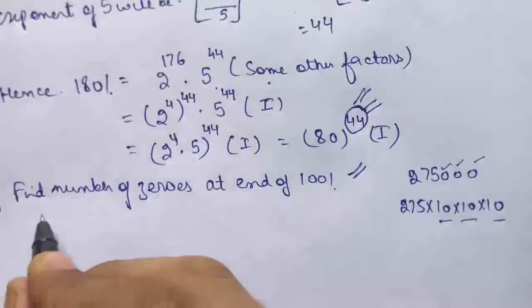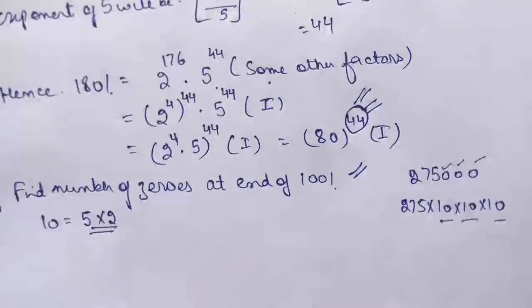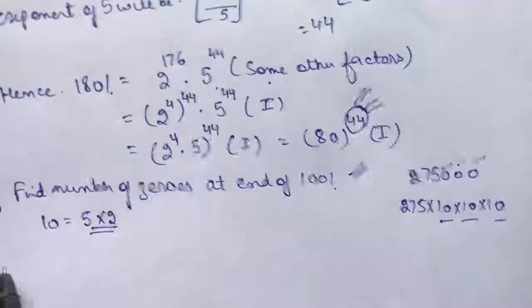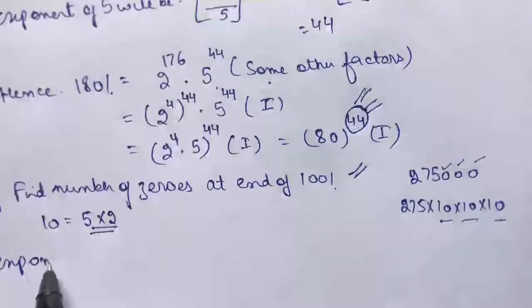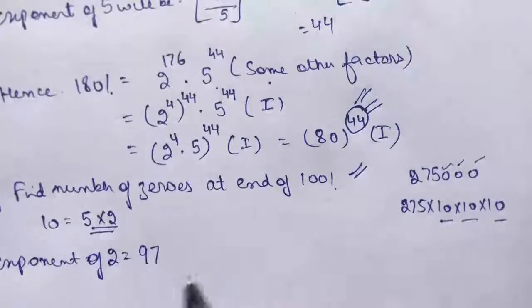Okay, so 10 is surely a composite number and it is equal to 5 into 2. So we'll calculate the number of 5s, we'll calculate the number of 2s. We know the exponent of 2 in 100 factorial is 97.